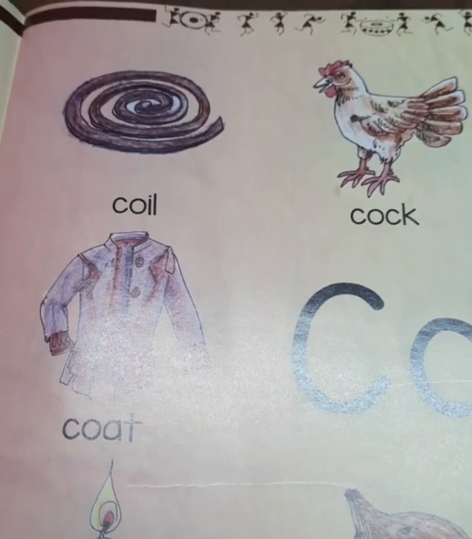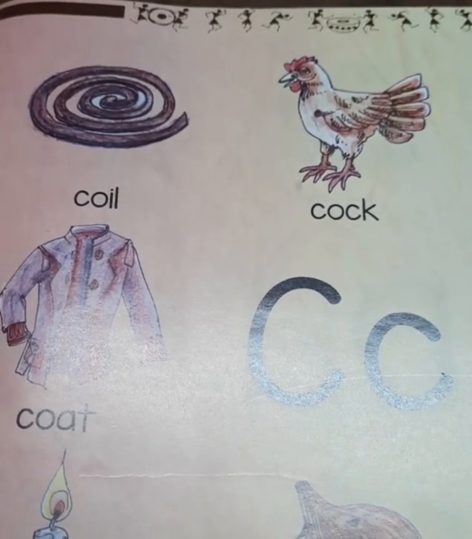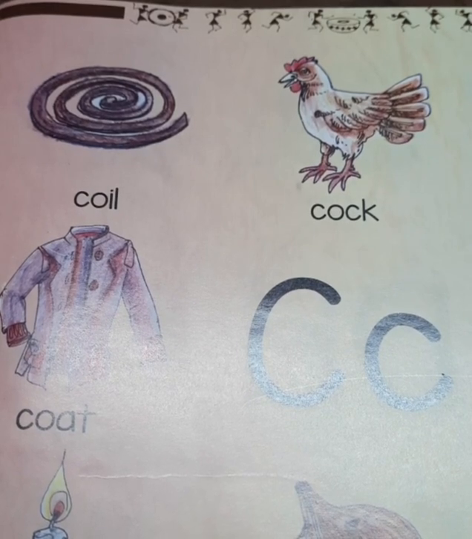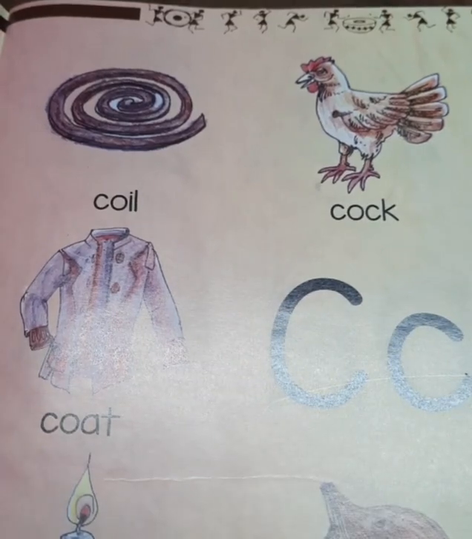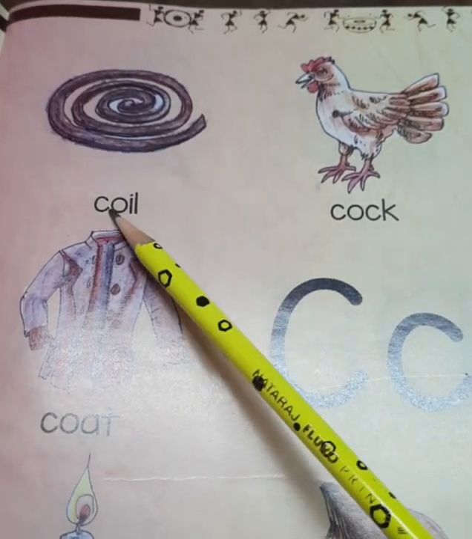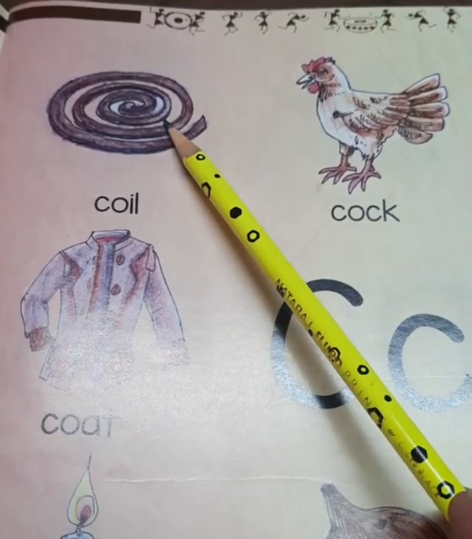Children, now we move on to the words that begin with the letter C. C says curve. Okay. Let's see all the words that begin with the letter C. Yes. This first one is coil, children. Can you see the coil? There are different kinds of coils.